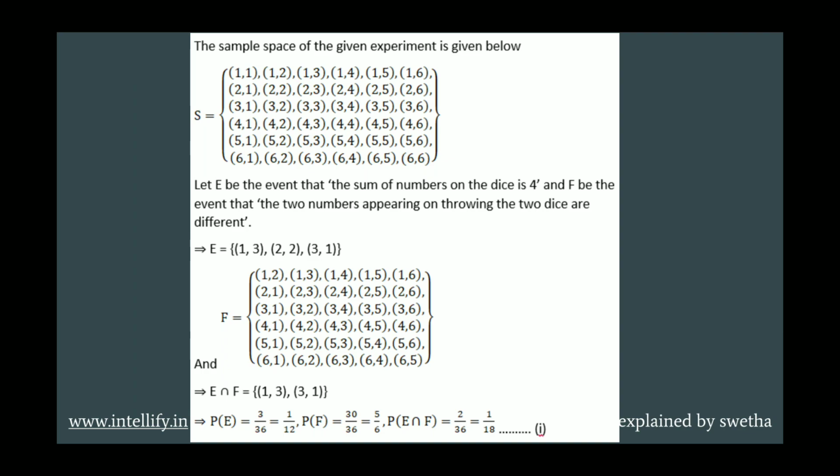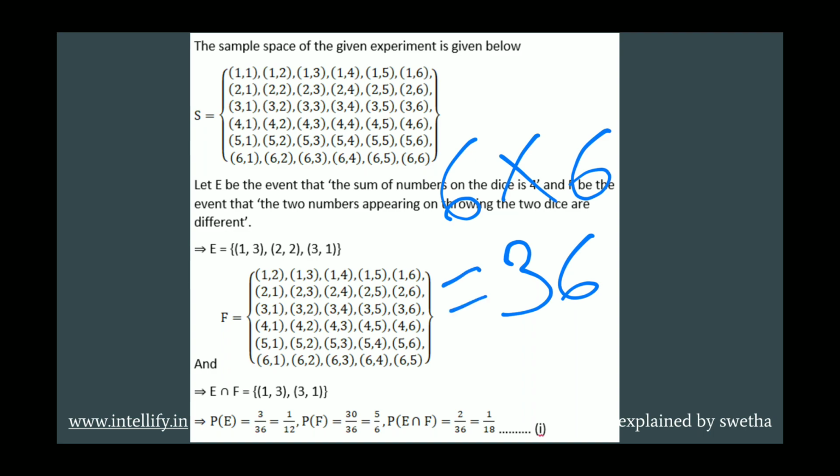The sample space consists of a total of 36 possibilities. Here two dice are thrown at once, so we have 6 into 6, a total of 36 sample space.